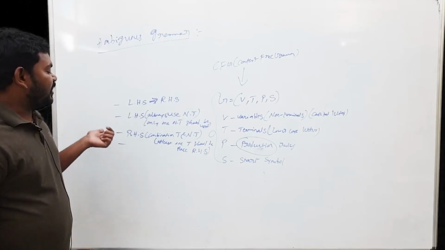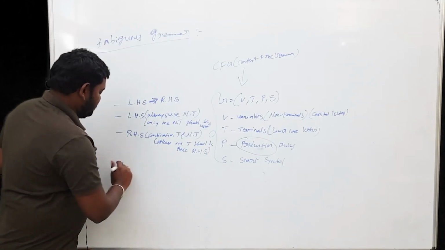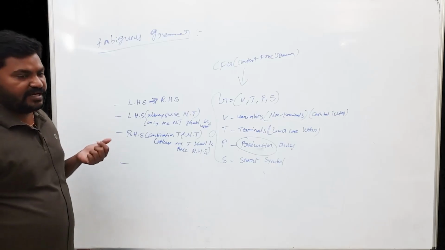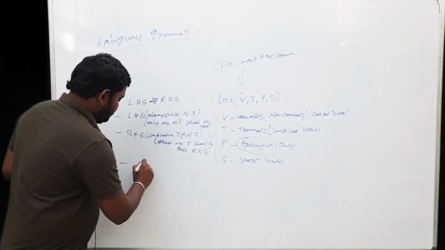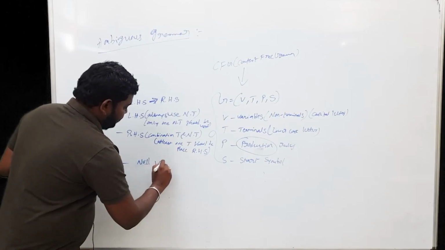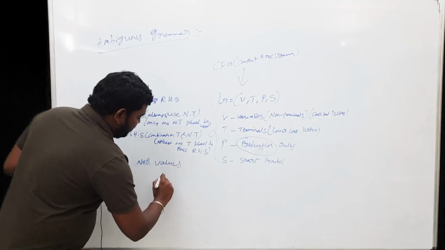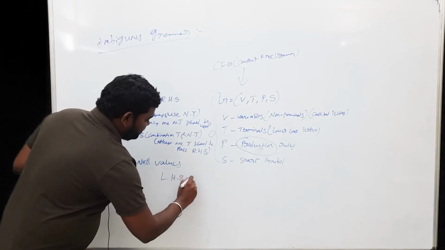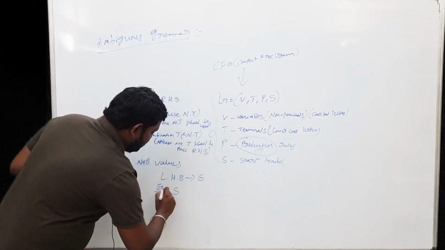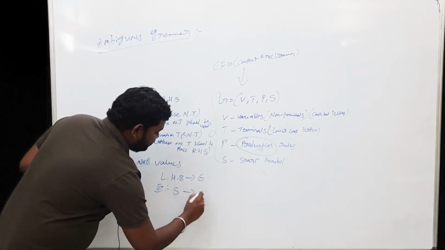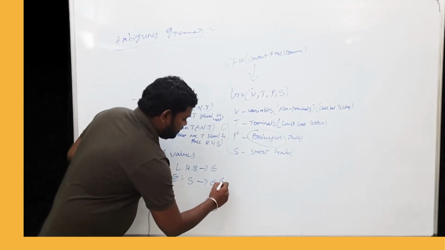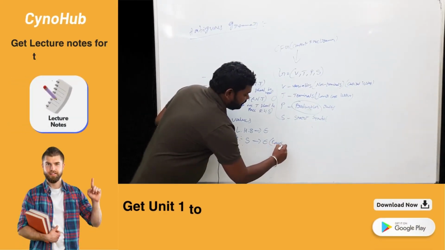And the last one is to define any null values: we must always use LHS tends to epsilon. For example, S tends to epsilon. This we call an empty string.